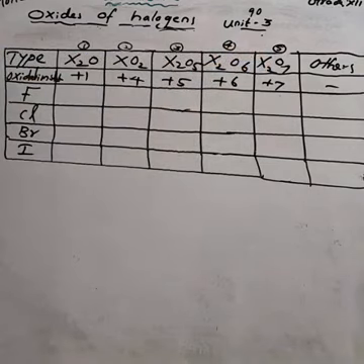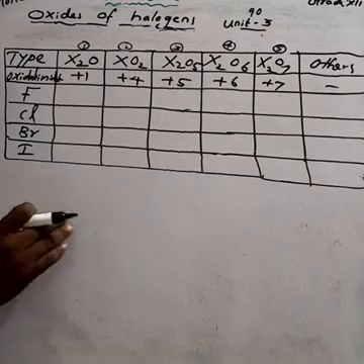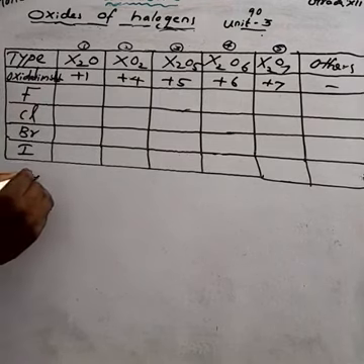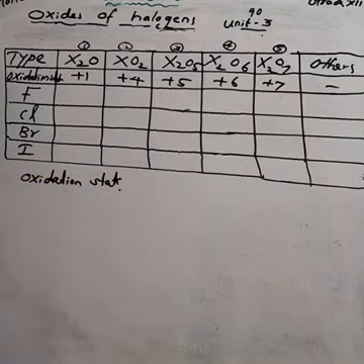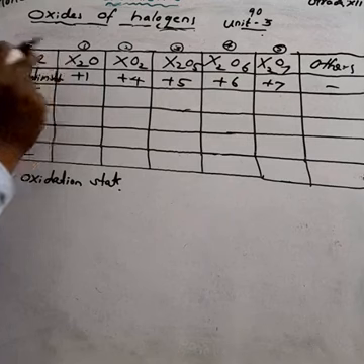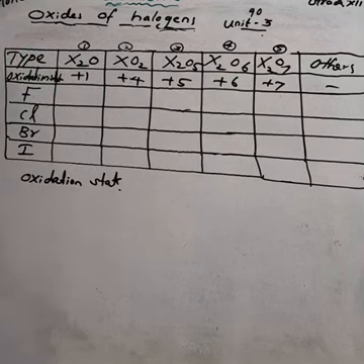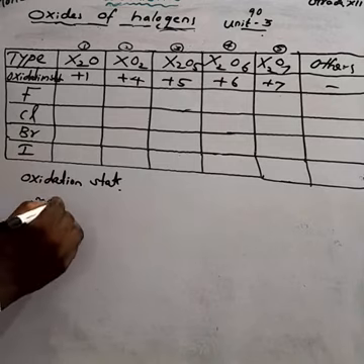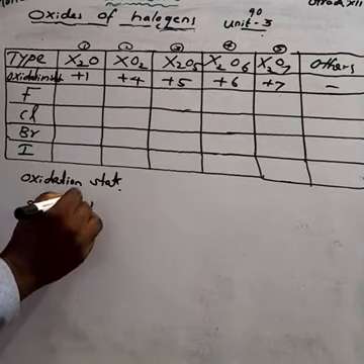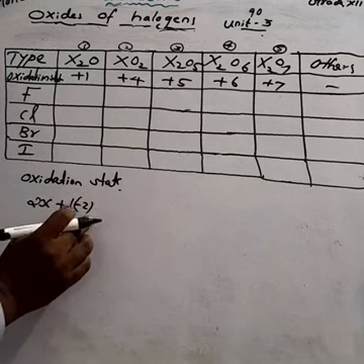We have to find the oxidation state. Many times we have discussed the oxidation state. Let us recall it. How can you find the oxidation state of the compound with molecular formula X2O? We know that oxygen is always -2, not -1, -2.